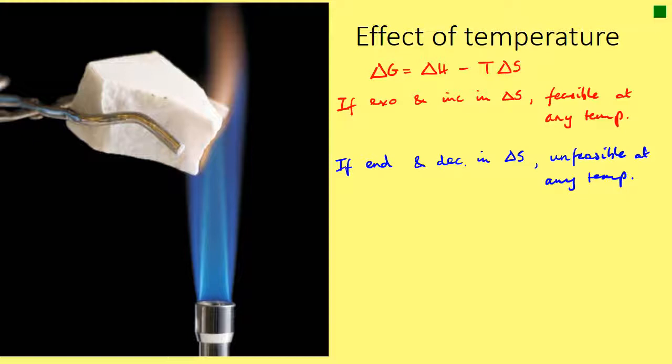So the third option is when a reaction is endothermic and there's going to be an increase in entropy, then the reaction is feasible above a certain temperature.